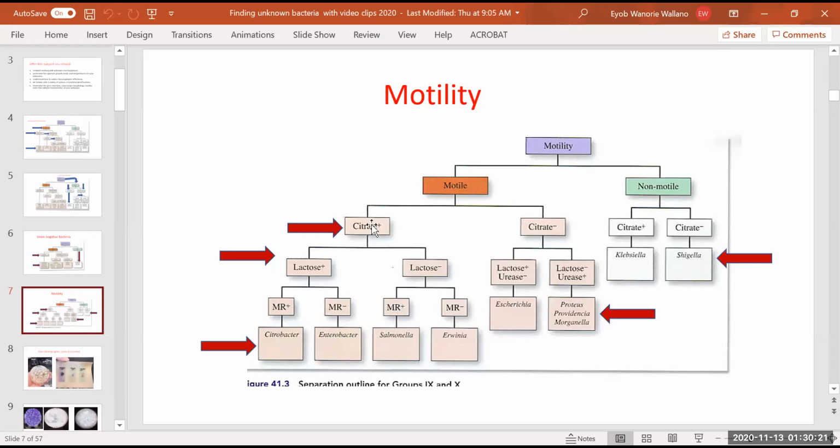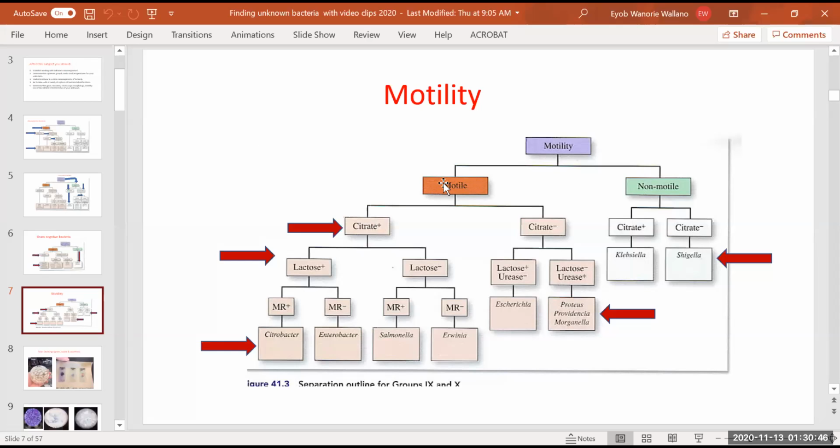We are going to discuss motility now. When we discuss motility, we need to know whether this bacteria is motile or not. How do we know it? We mentioned already, for example, Escherichia coli and Proteus vulgaris are motile bacteria. Klebsiella is non-motile.